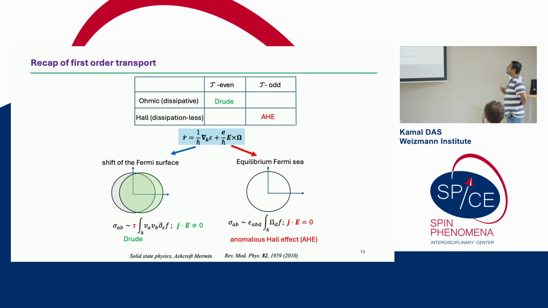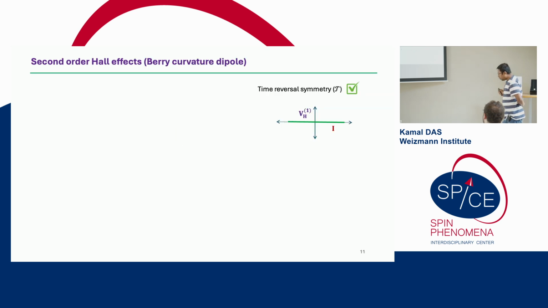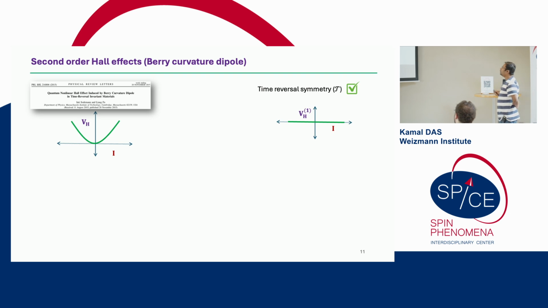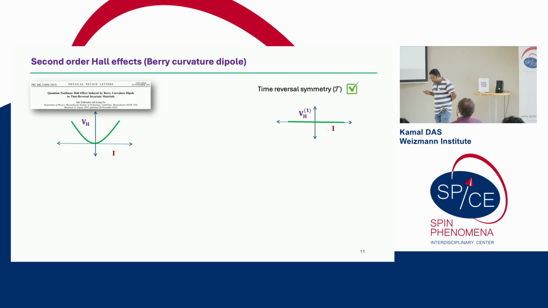Based on these criteria, if we want to categorize these 2 responses, then we can make a table like this. I want to emphasize here that since the anomalous Hall effect always requires time reversal symmetry breaking, it appears in the tau odd column. Based on the question that I introduced in my initial slides, that in a time reversal symmetric system the linear anomalous Hall effect vanishes, back in 2015, Professor Weizmann and Liang Fu proposed a nonlinear Hall effect characterized by this kind of quadratic IV characteristic.